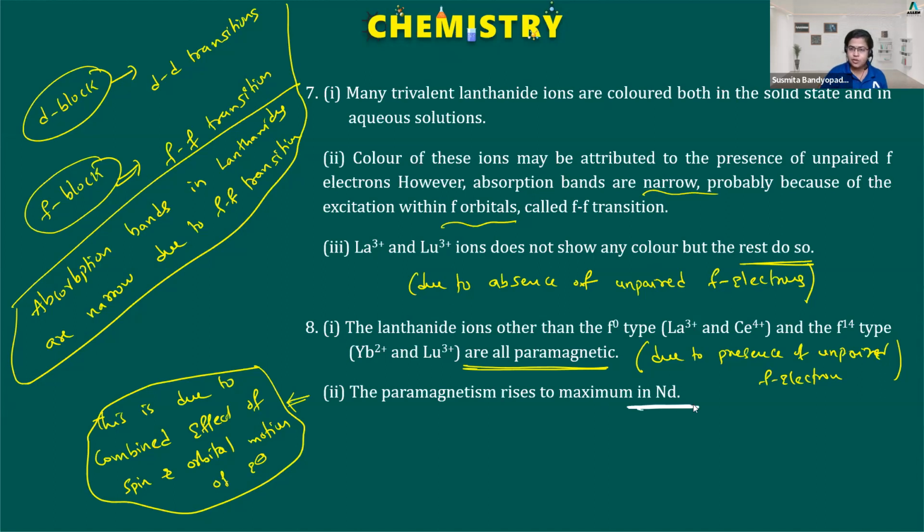But for our ease, when we study the formula root n(n+2) Bohr magneton, we just study spin-only magnetic moment. It has been found that Nd is highly paramagnetic because of spin as well as orbital contribution. Knowing that fact would be good enough.